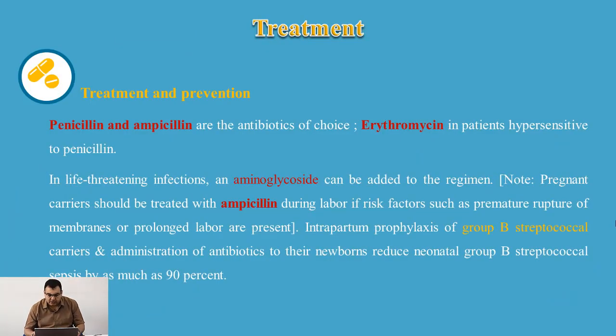Treatment and prevention. Penicillin and ampicillin are the antibiotics of choice. Erythromycin is used in patients hypersensitive to penicillin. In life-threatening infection, an aminoglycoside can be added to the regimen. Note, pregnant carriers should be treated with ampicillin during labor if risk factors such as premature rupture of membranes or prolonged labor are present.